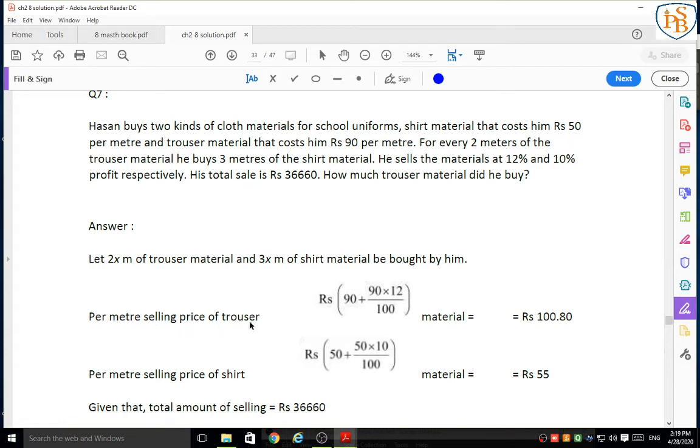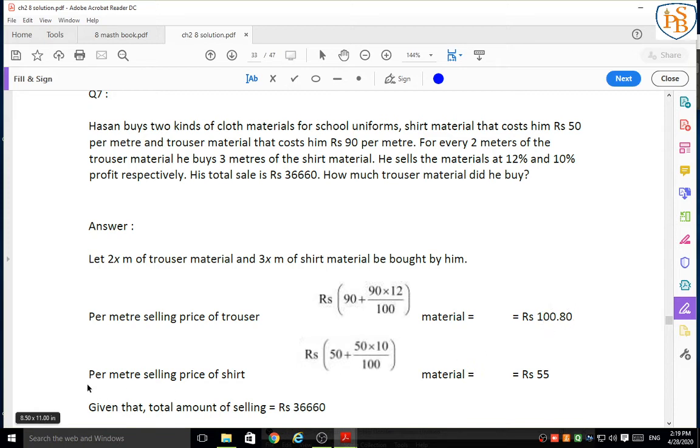So for trouser it gives us 90 plus 12% profit. Okay, profit, that means we have to multiply this profit to the cost price, and they ask in the form of percentage, that means we have to divide it by 100. So 90 plus 90 into 12 upon 100. On solving this sum, we get the answer 100.80.